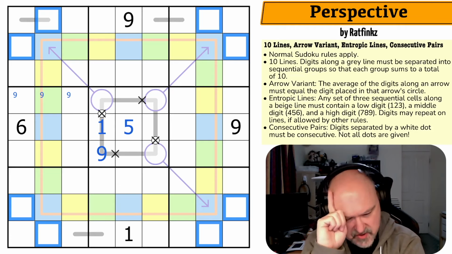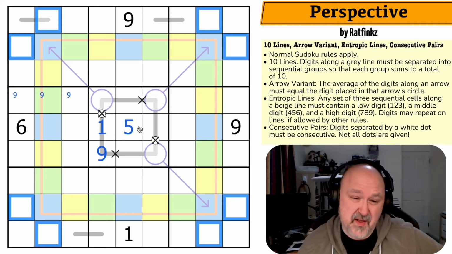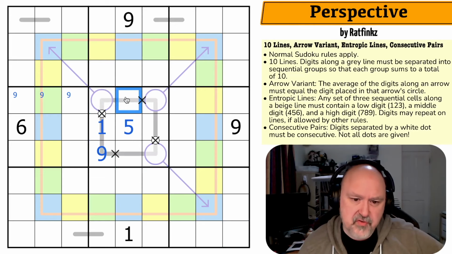I can put 2 on an arrow. I can never put 5 on a 10 line because it would need to go with another 5, which would be another way of explaining this, I suppose. If I put a 5 on the 2-cell 10 line, it would go with another 5.